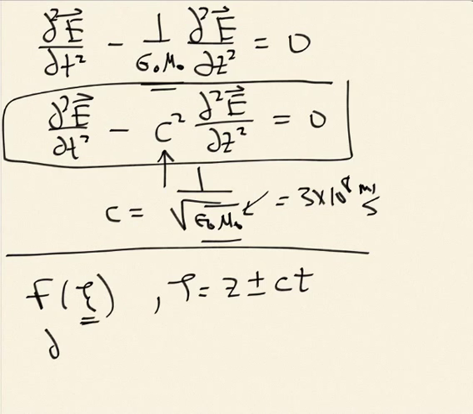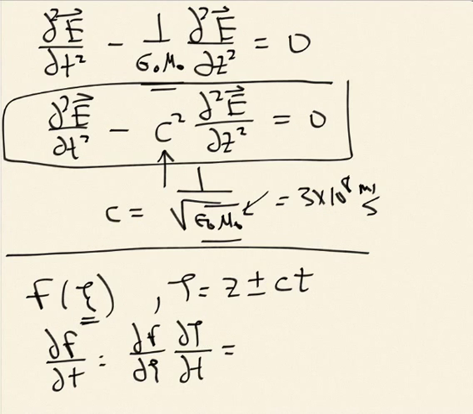Because it depends only on z and t in this combination, I can write that df dt is the same as df d squiggle times d squiggle dt. And so df dt is going to be equal to plus or minus c times df d squiggle.